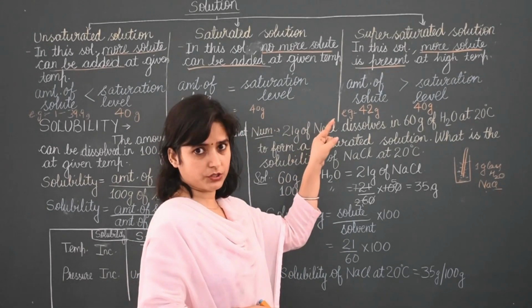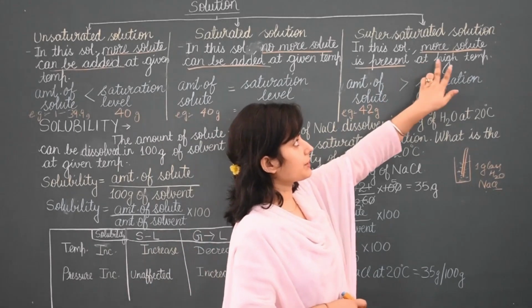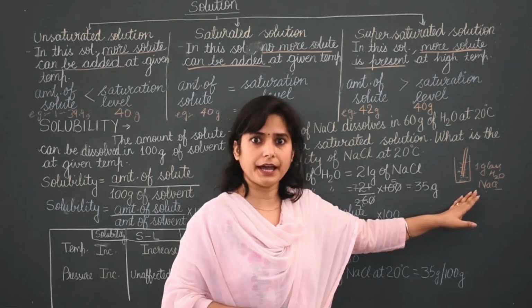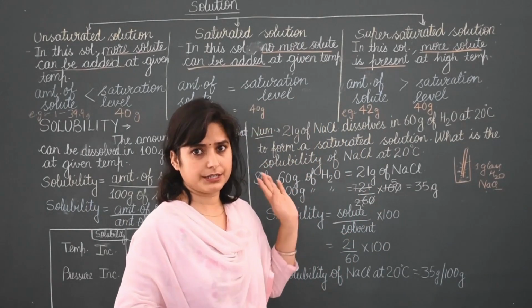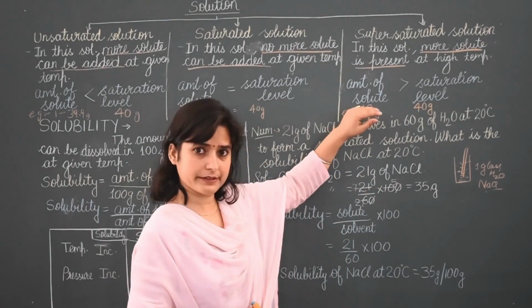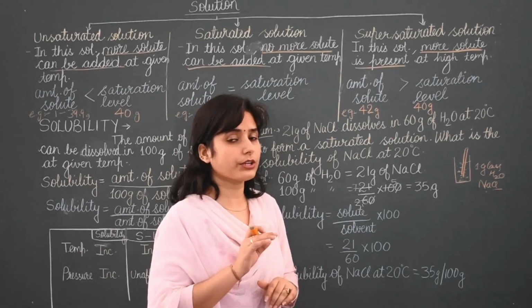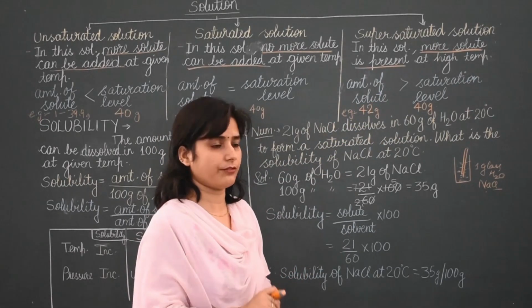But in this solution, the temperature becomes high. The temperature of the solution is higher than normal temperature. Okay, is it clear? And this solute is in dissolved form, not in solid form.